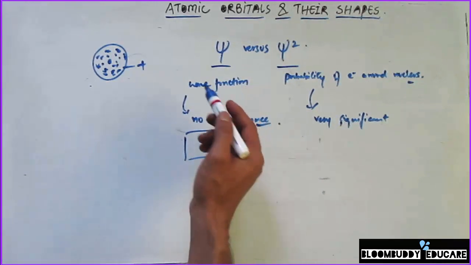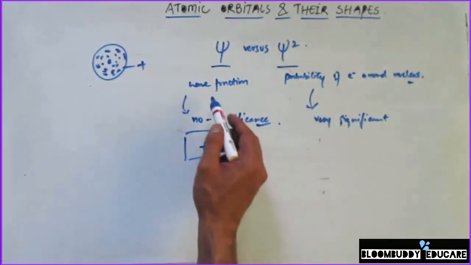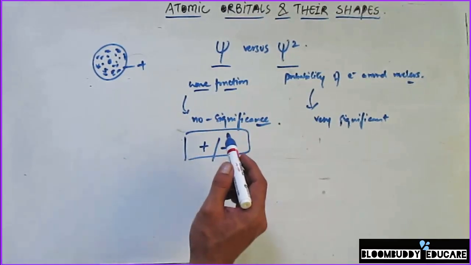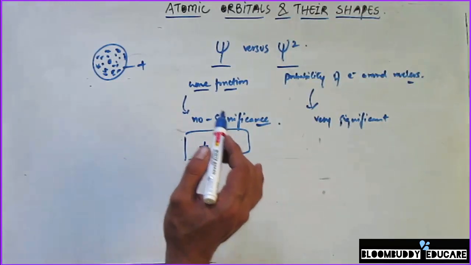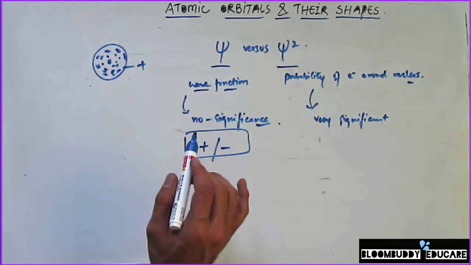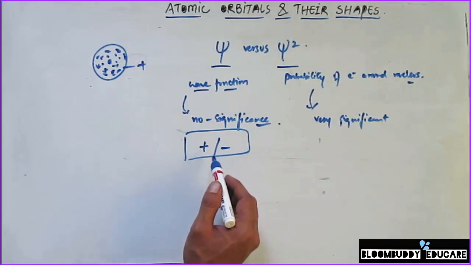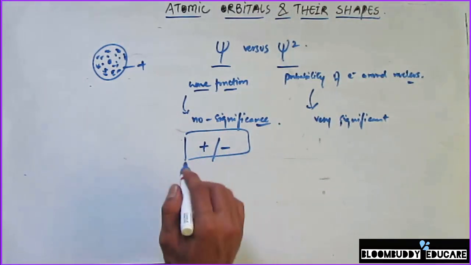Now we have to understand the difference between the wave function psi and the psi square. So this wave function psi that we have been using so far, it is not significant, and the reason for that is that it never represents the probability of finding an electron around the nucleus, because this equation or the psi itself, the wave function, can have a value that could be positive as well as a negative value.